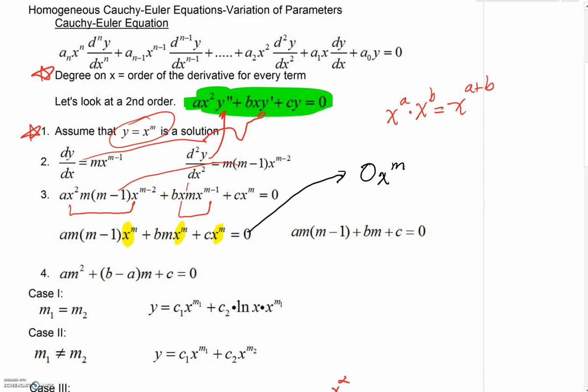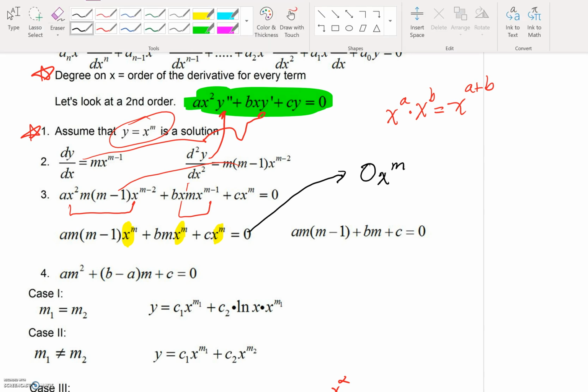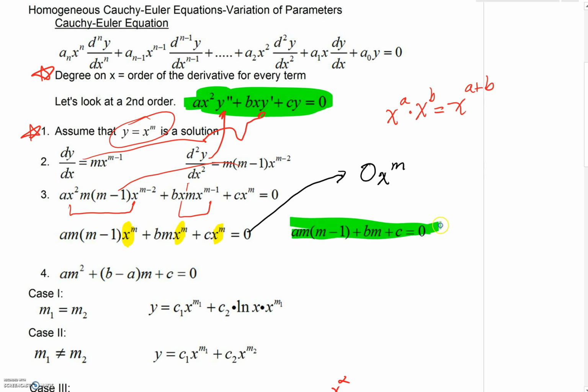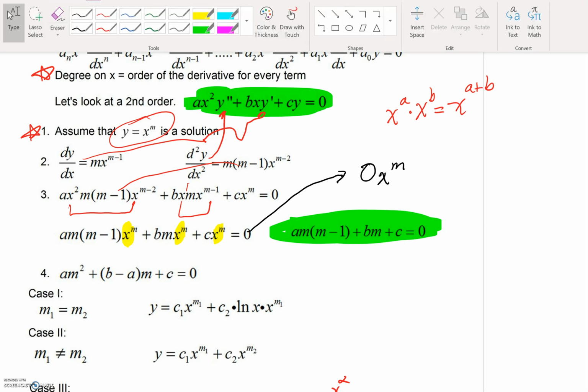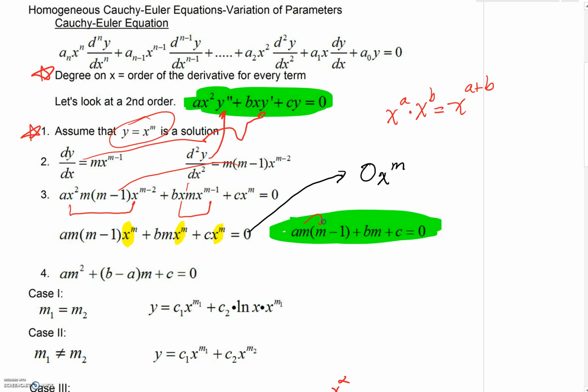Looking at coefficient analysis, you'd say we have a 0 in front of x to the m, so everything in front of x to the m has to add up to a 0. Regardless of which interpretation, you're now going to see that you would have am times m minus 1 plus bm plus c. And then we could just very quickly clean this up, and you're going to be left with a quadratic.